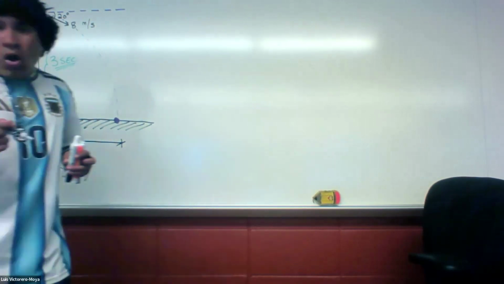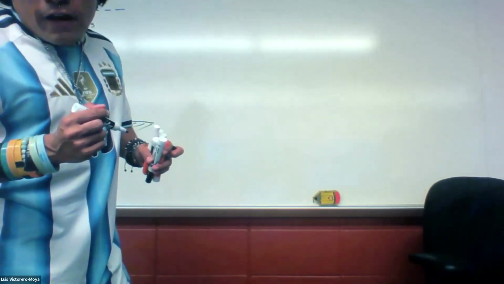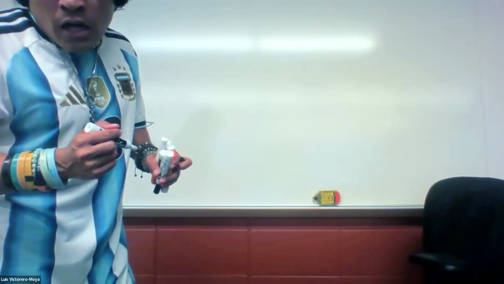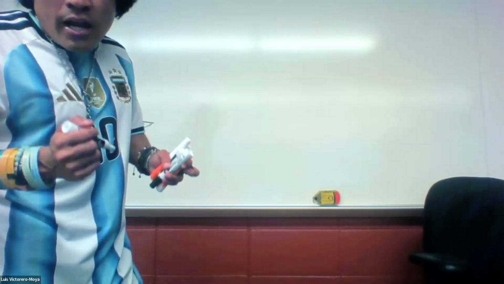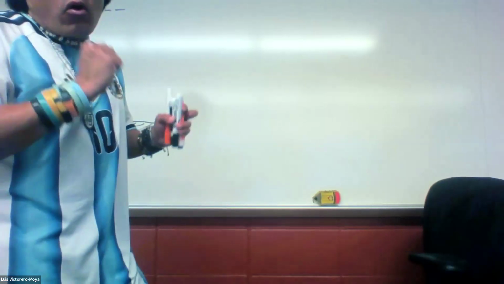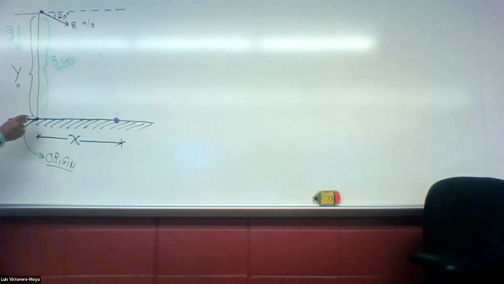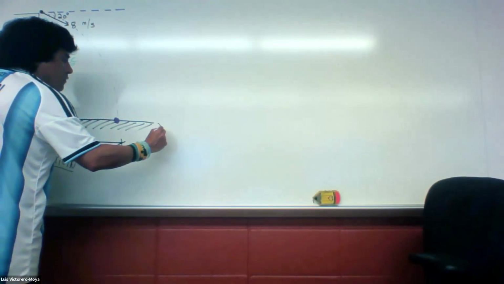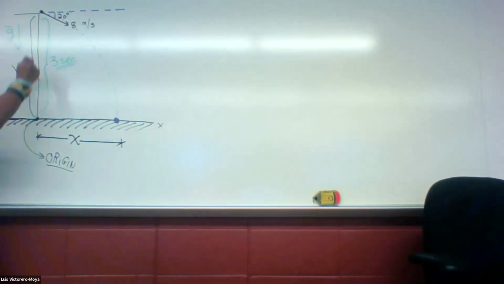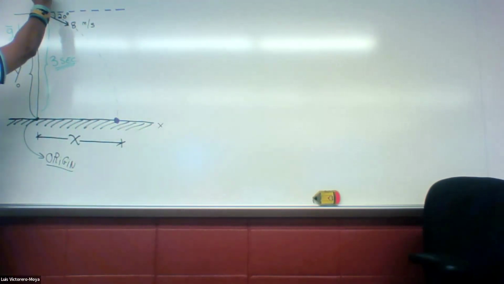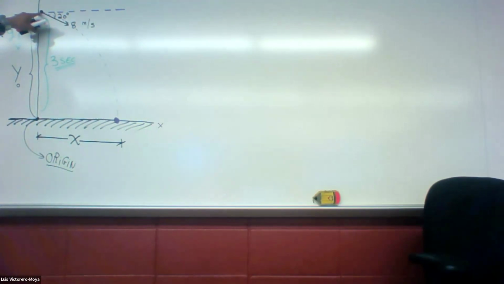They tell you that because they want you to find the initial coordinates of the ball. If that's the origin, and this is the x-axis and this is the y-axis, you want to find the coordinates of this point.